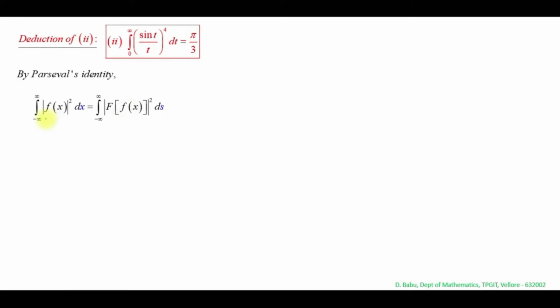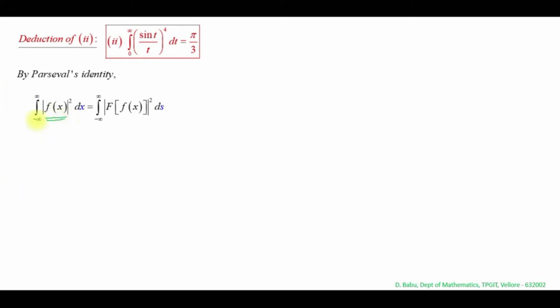Now substitute this f of x. We know f of x equal to 1 minus mod x, which is given in the problem. Also, 1 minus mod x is defined in the limits minus 1 to plus 1.